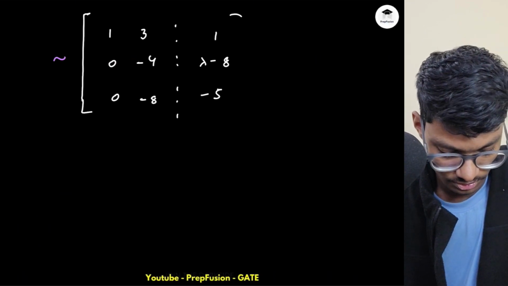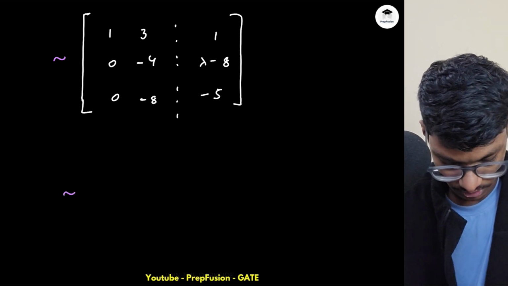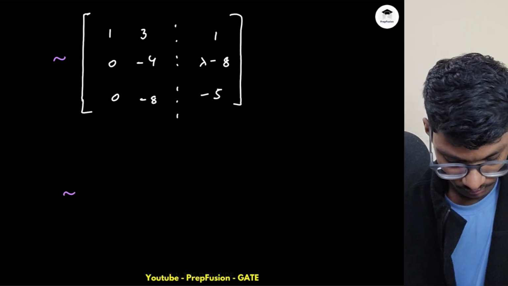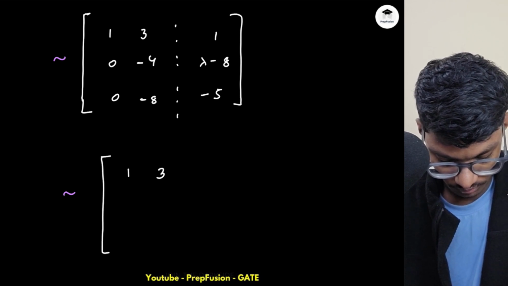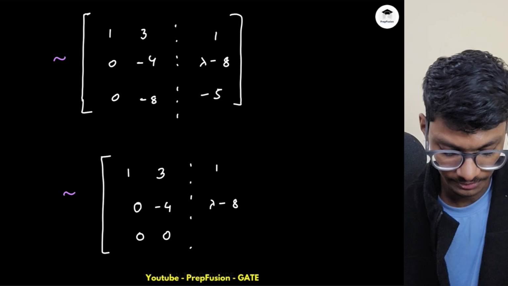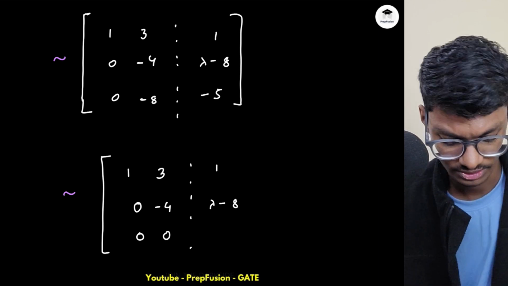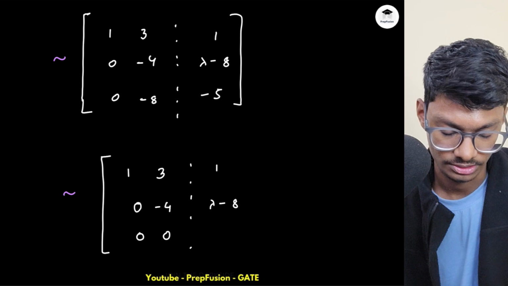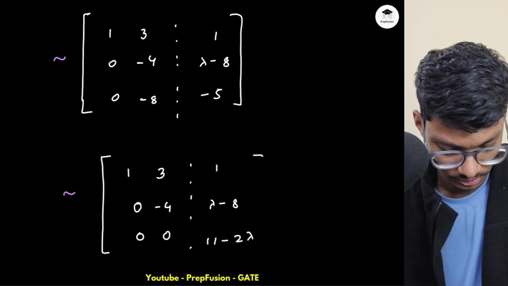Then I subtract again, subtracting 2 times this row. So it will be 16 minus 5, which is 11, and 11 minus 2 lambda.